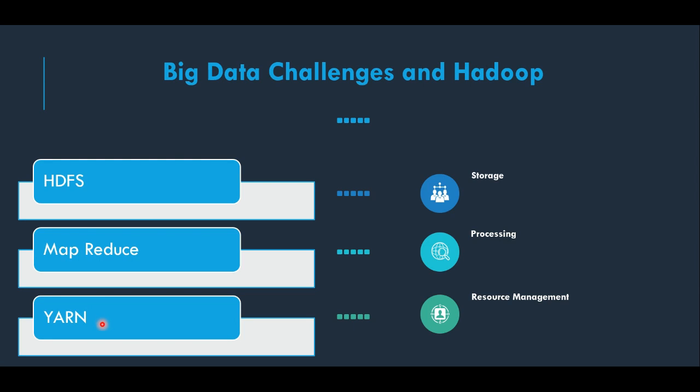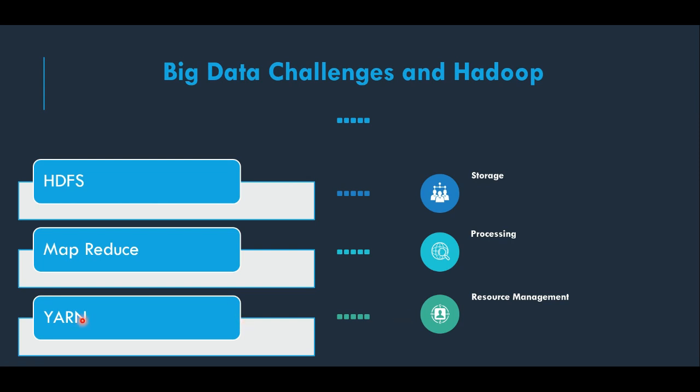Each of these components is designed to tackle one of these challenges. HDFS addresses the storage challenge, MapReduce handles the processing issue with big data, and Yarn, as a component of the Hadoop ecosystem, is designed to solve the resource management problems.